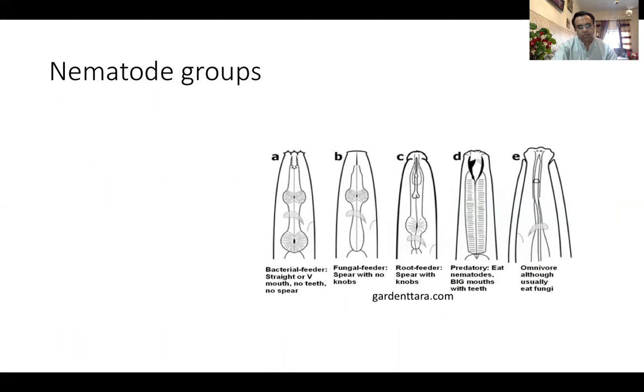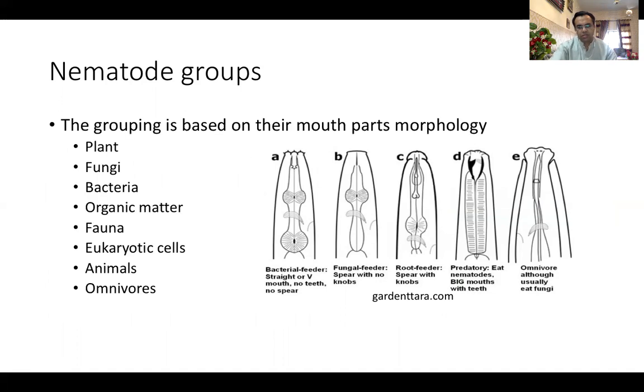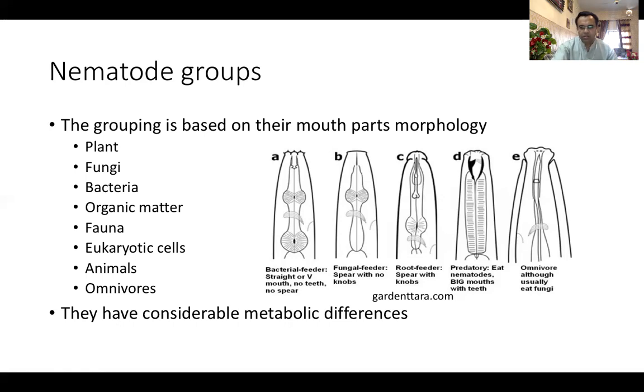So nematodes are divided in different groups based on their physiology and morphology. These groups are basically based on their mouth parts, and also there are considerable metabolic differences among different members of these groups.